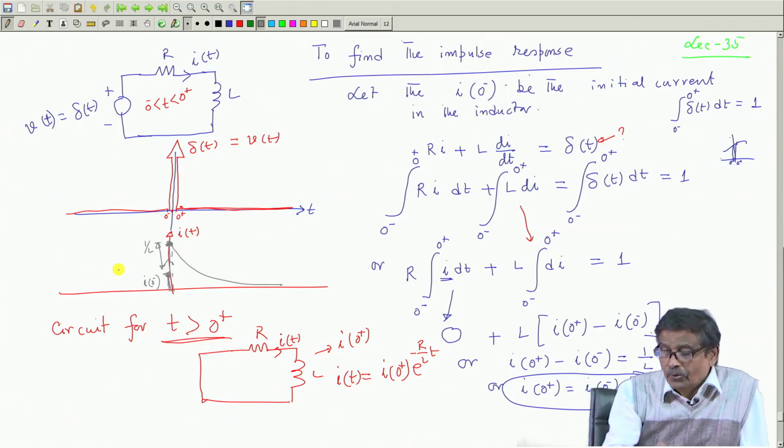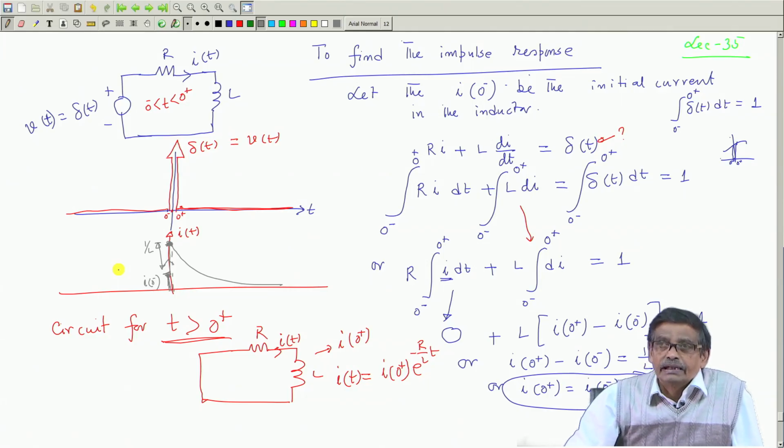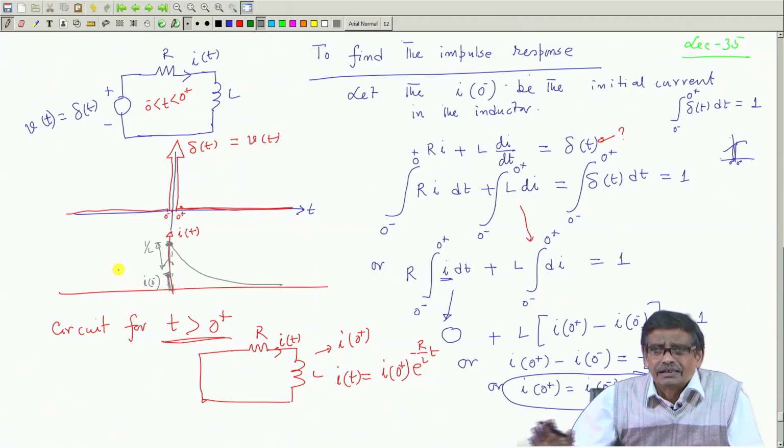Got the point? So, when a circuit is excited by an impulse, it will be like this, and the result is not surprising at all. We earlier said that inductor current cannot be changed instantaneously, that is fine with reasonable functions, which is what the natural things are.